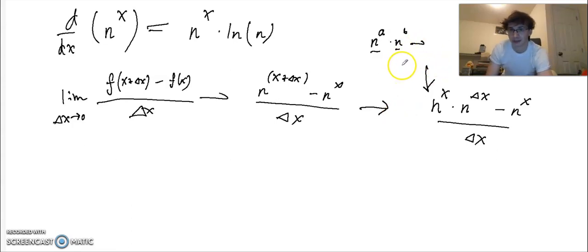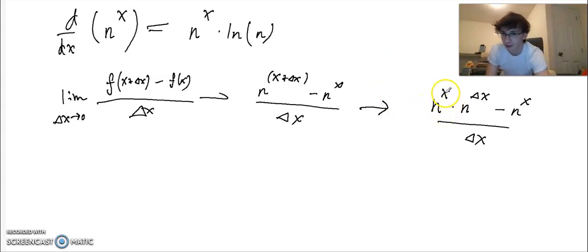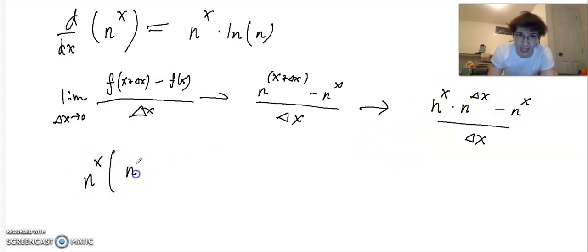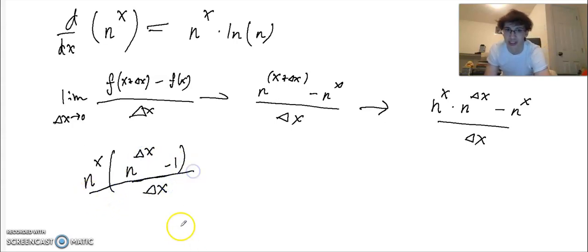So let's back up and get right into this. First, what I realize is we have those two terms, so we can factor out the n to the x. And we get n to the delta x minus 1 over delta x, the whole thing over delta x.